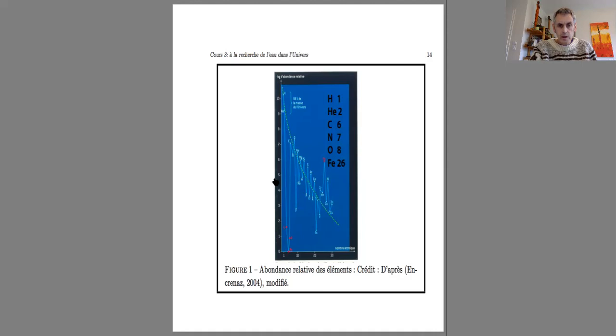The next, after helium, there's lithium, beryllium, and boron. These three elements were produced during the Big Bang in minute trace amounts. And so it might be a little bit surprising that they have such low relative abundance here relative to carbon, atomic number 6 here.